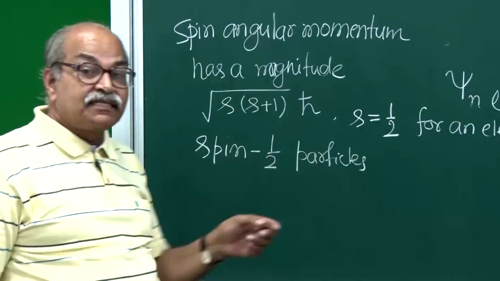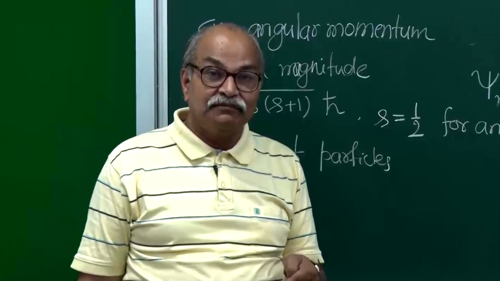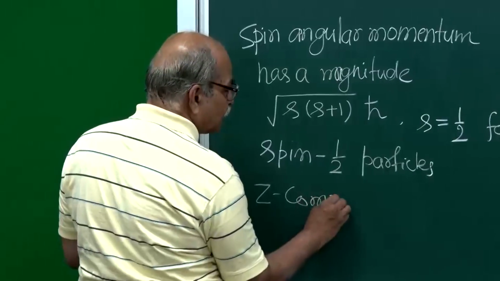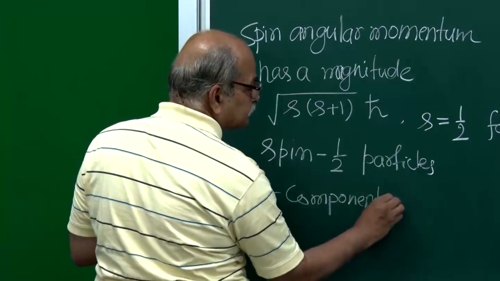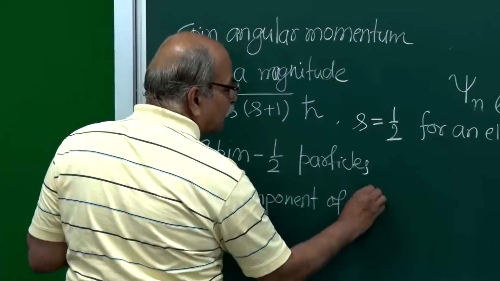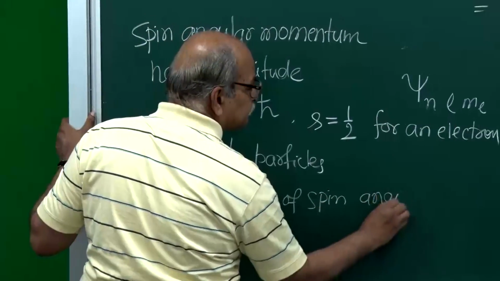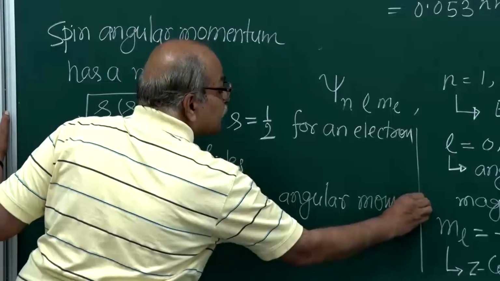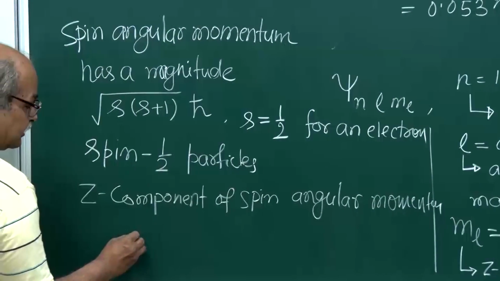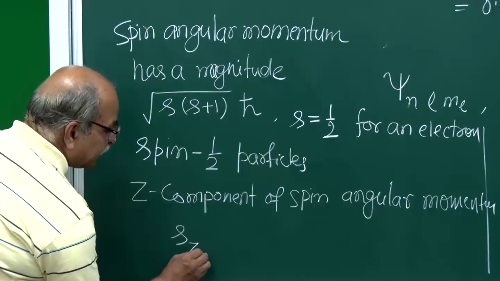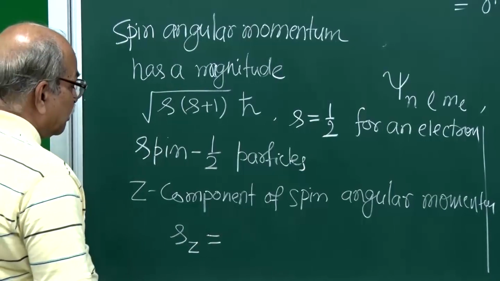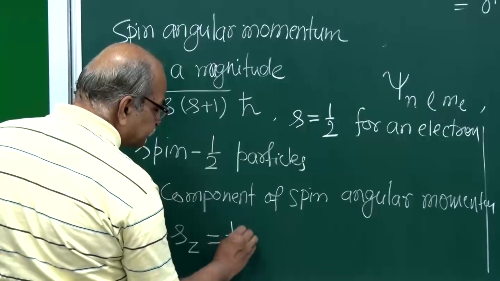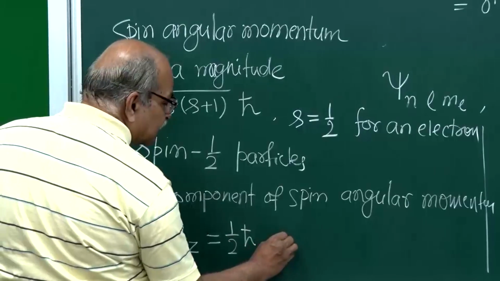But if you measure the z component of spin angular momentum, there are two possible values, and these two possible values, so I am talking of now Sz, are half h cross or minus half h cross.